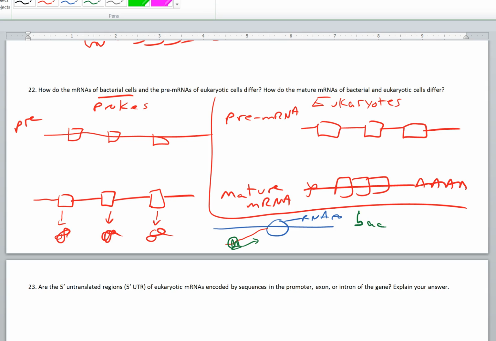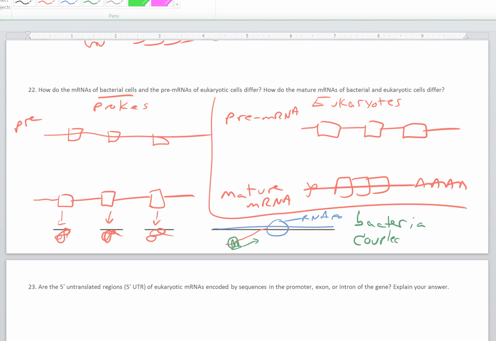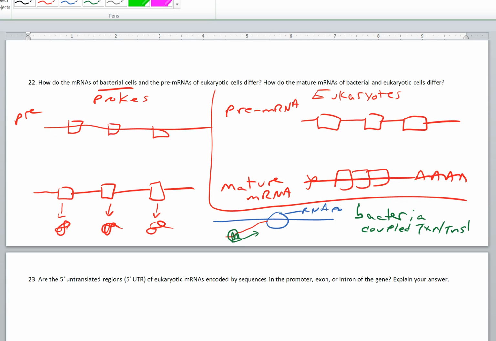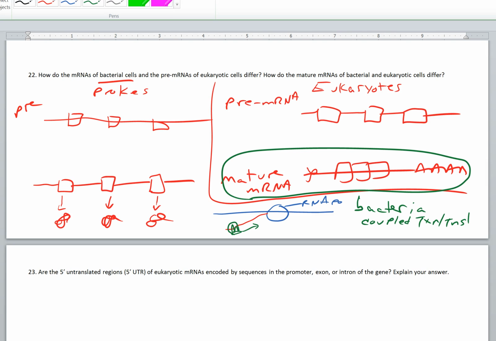So in bacteria, we have what we call coupled transcription and translation. Transcription and translation happen at the same time in the same place. In eukaryotes, we don't have translation yet because this guy has to leave the nucleus and go out to the cytoplasm before it can do translation.